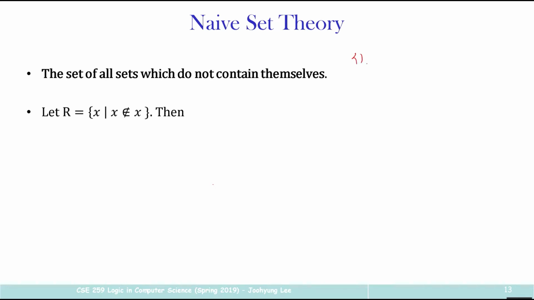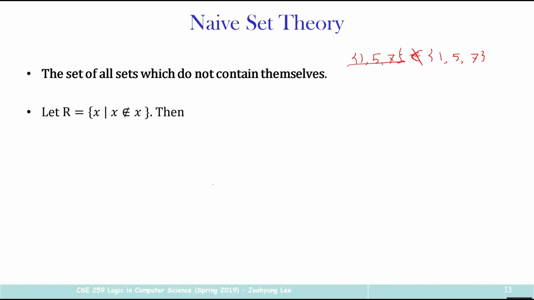For instance, {1, 5, 7} was not a member of {1, 5, 7}, right? So then this {1, 5, 7} will be in R. This set, of course, is not well defined, but if you can accept the definition in naive set theory, we can say that this is a set.